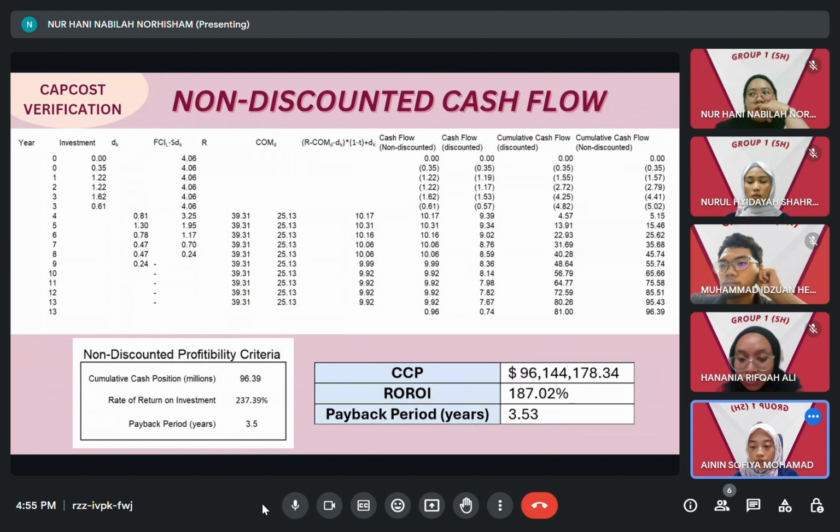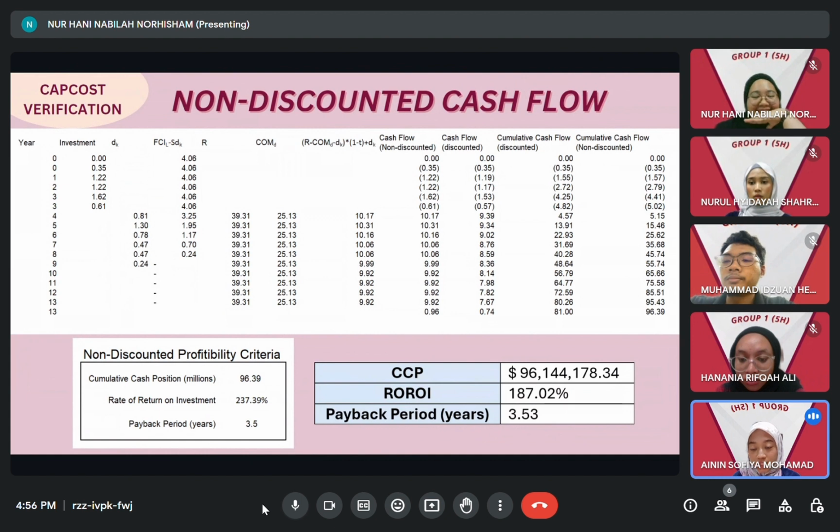And this is where we have compared the cumulative cash position, ROROI, and payback period from the cap cost and the manual calculation. So as can be seen, the CCP value from cap cost is 96.39 million, whereas our CCP manual calculation is $96 million. As for ROROI, it is 237%, and our ROROI is 187%.